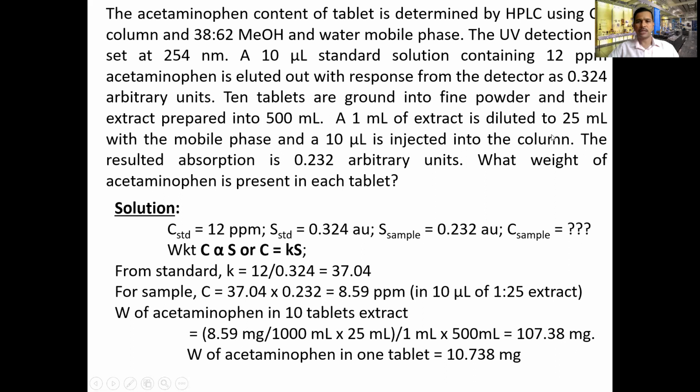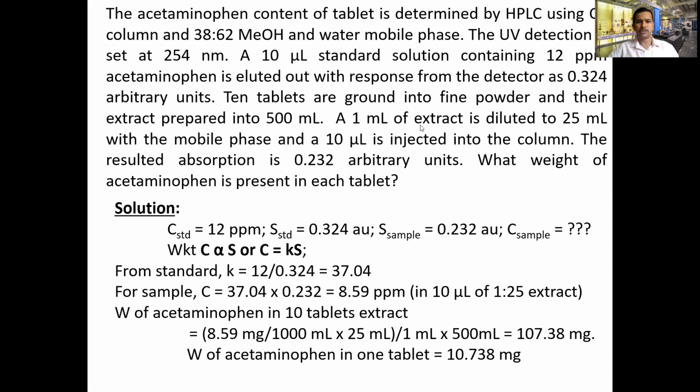A 1 ml of extract is diluted to 25 ml with the mobile phase, and a 10 microliter is injected into the column. The resulting absorption is 0.232 arbitrary units. What weight of acetaminophen is present in each tablet?